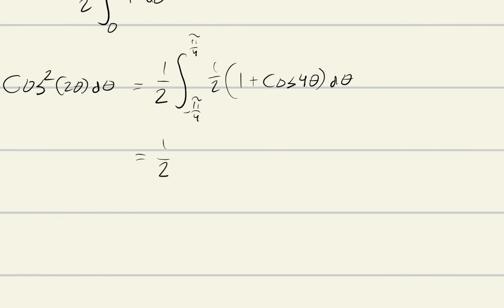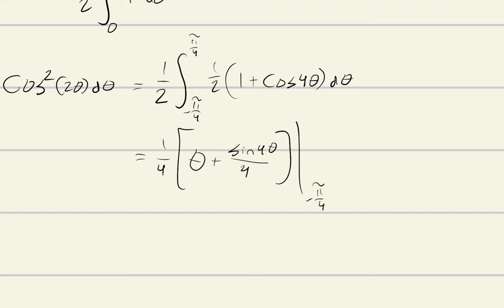And this would be equal to 1/2, we can actually pull out the coefficient, so 1/4 times theta plus sine of 4 theta over 4, evaluated from negative pi over 4 to pi over 4.